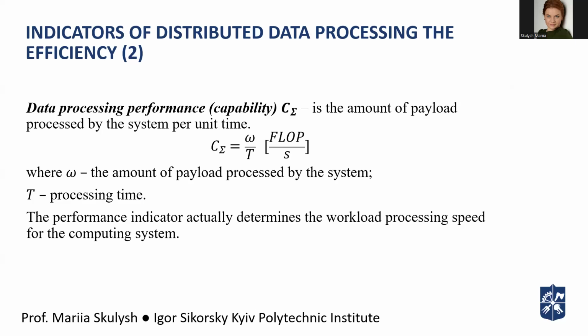Indicators of distributed data processing of the energy. Data processing performance or capacity is the amount of payload divided by the time unit. So processing time: how many FLOPs we did during the time.